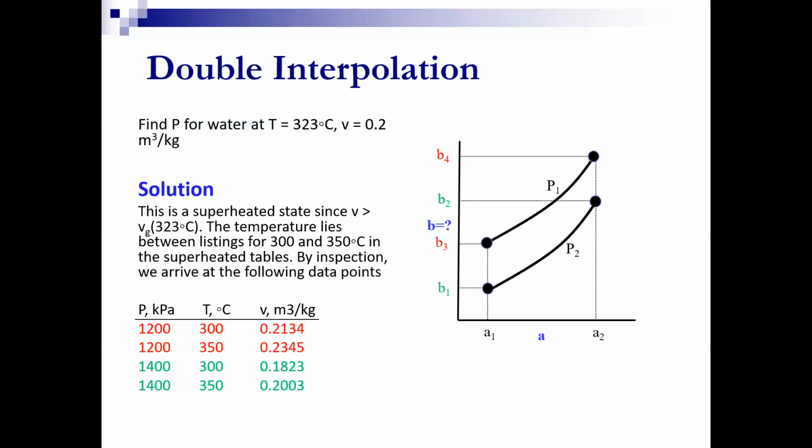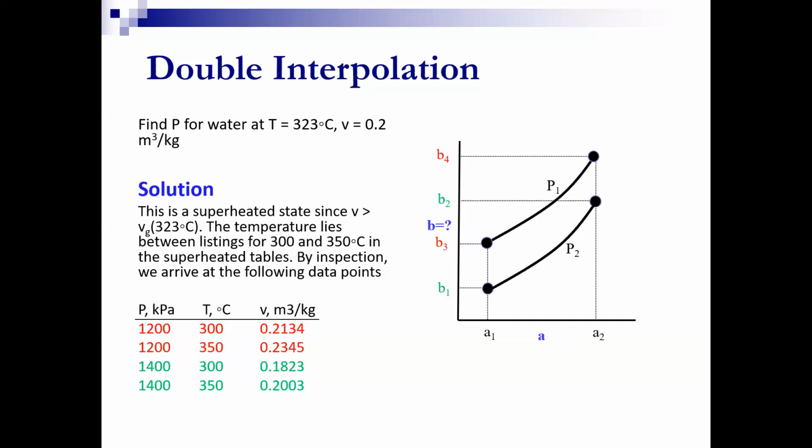We first interpolate between the pressures, then between the temperatures, and then between the specific volumes. What does it mean to interpolate between temperatures? It means that we go to the table and find that we have 300 degrees Celsius and 350 degrees Celsius.